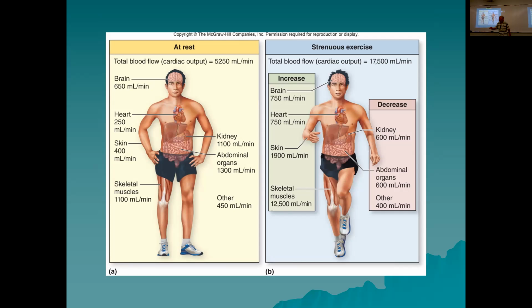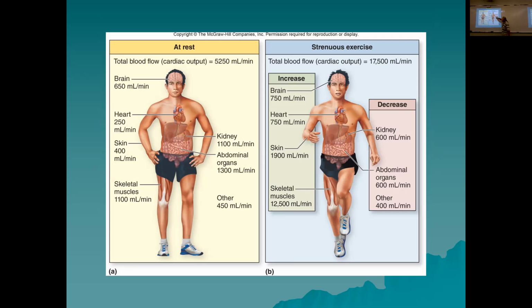Okay, that's at rest. Look what happens in strenuous exercise. Increases and decreases. Brain increases just a little. But your heart gets 3 times more, your skin lots more because you want to bring hot blood to the surface because you're generating a lot of heat. And look at skeletal muscles, 12,500 from 1,100.